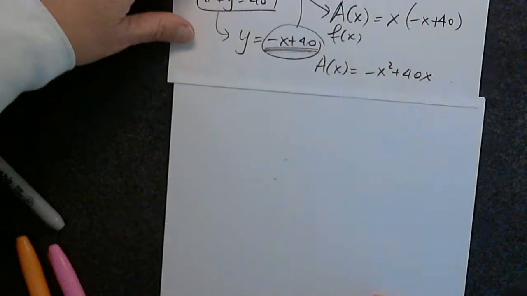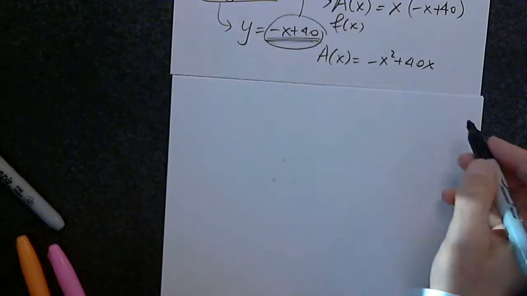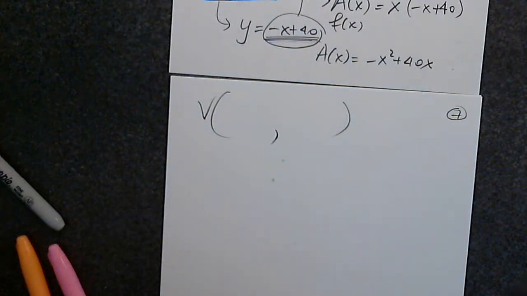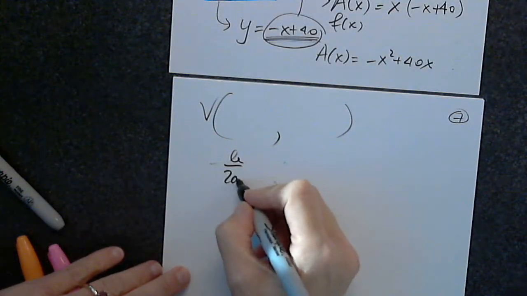So you told me to determine the vertex. Let's determine the vertex. How do I determine the vertex? Correct. Negative b over 2a.